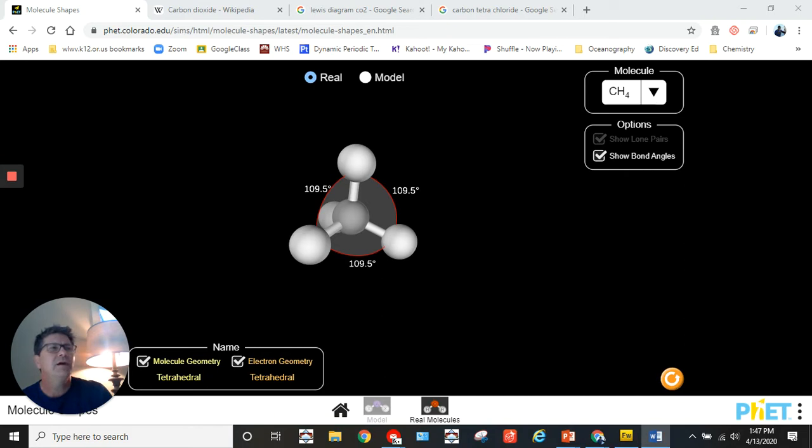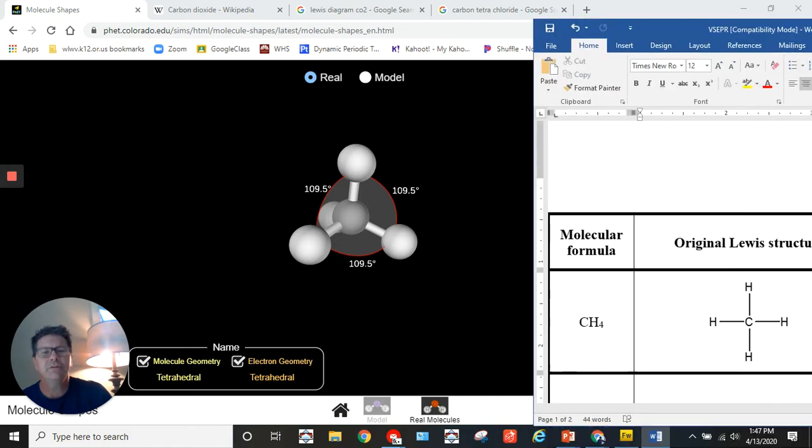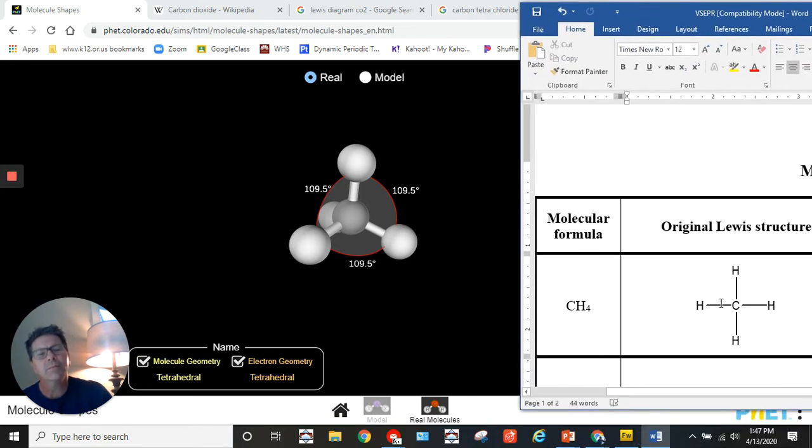If we have a two-dimensional diagram and we take a circle and we want to make things equally distant around the circle, well, you're all familiar with that angle. This angle here between these two hydrogens is 90 degrees.